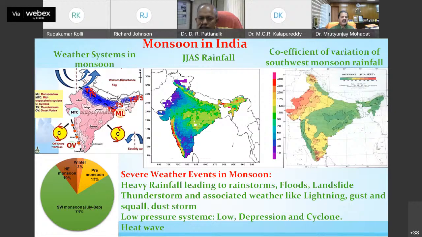Then if you consider the interannual variability of monsoon, you will find that though there is an assured rainfall of about 88 centimeter over the country as a whole, it has a variation of 10% for the country as a whole, but spatially there is a large variation from west to east and from north to south. The monsoon is orographically dominant and hence leads to many severe weather events in orographically dominant regions like the Himalayan region and the Western Ghats and Eastern Ghats.